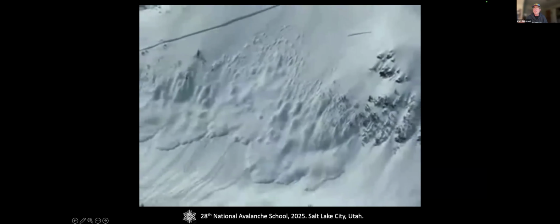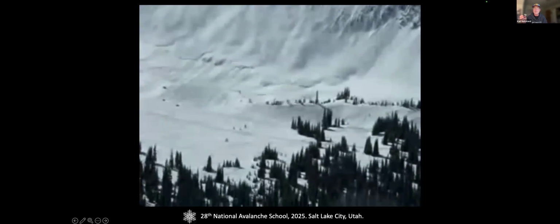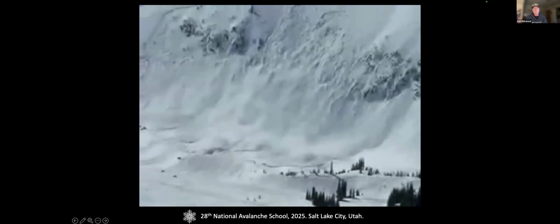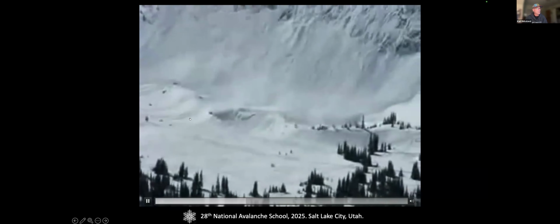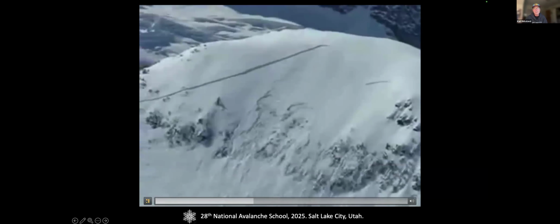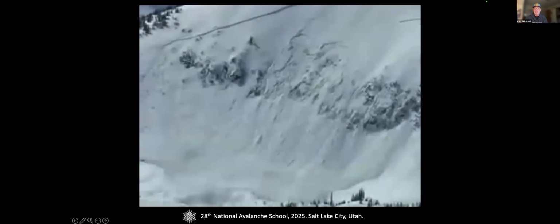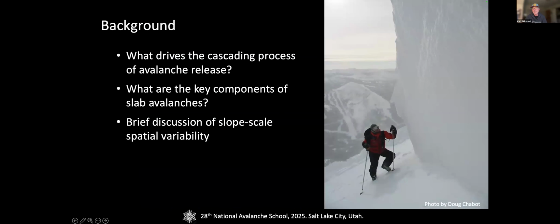Essentially, a small perturbation can get the process going. My goal by the end of this lecture is that you'll be able to explain this process. Here comes the snowmobiler blasting out of the backside of that avalanche. And if you want to look at that video again and again, you can see it in the book.